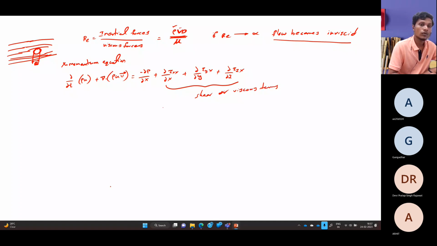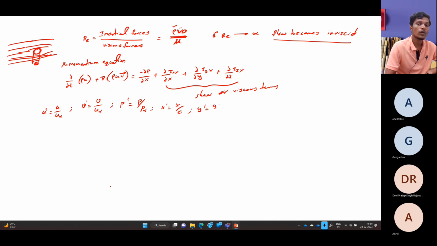Okay, now for understanding how this Reynolds number is affecting the flow physics, one can write it in a non-dimensional way. If you have gone through the past lectures, the standard notation used is u prime equals u by u infinity, for the sake of non-dimensionalizing the equation, v prime equals v by u infinity, p prime equals p by p infinity, x prime equals x by c, any characteristic length, and y prime equals y by c.